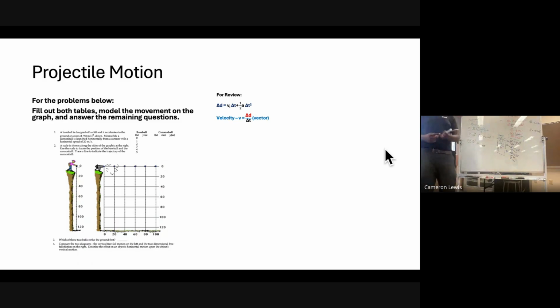Then, how do we do 4? 4.9 times 4 squared. What is 4 squared? 16. So then we have 4.9 times 16, which is 78.4.